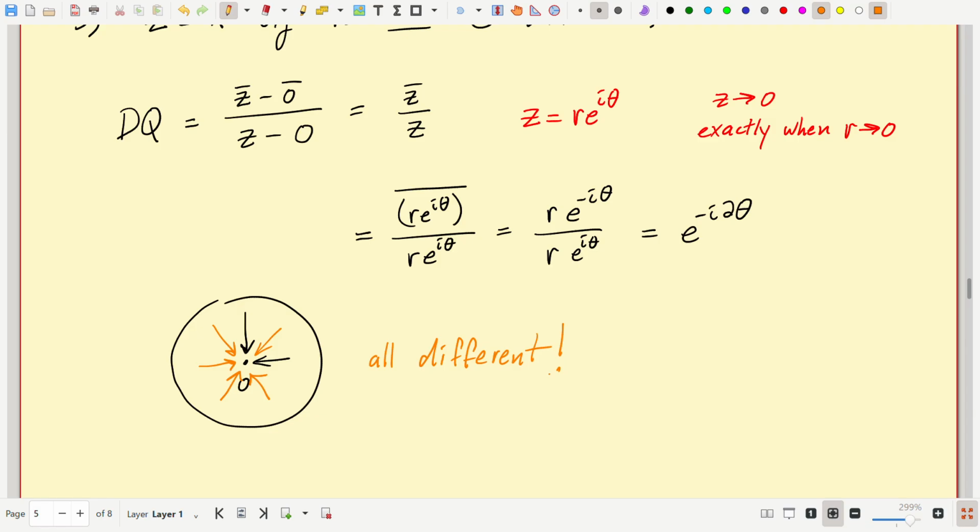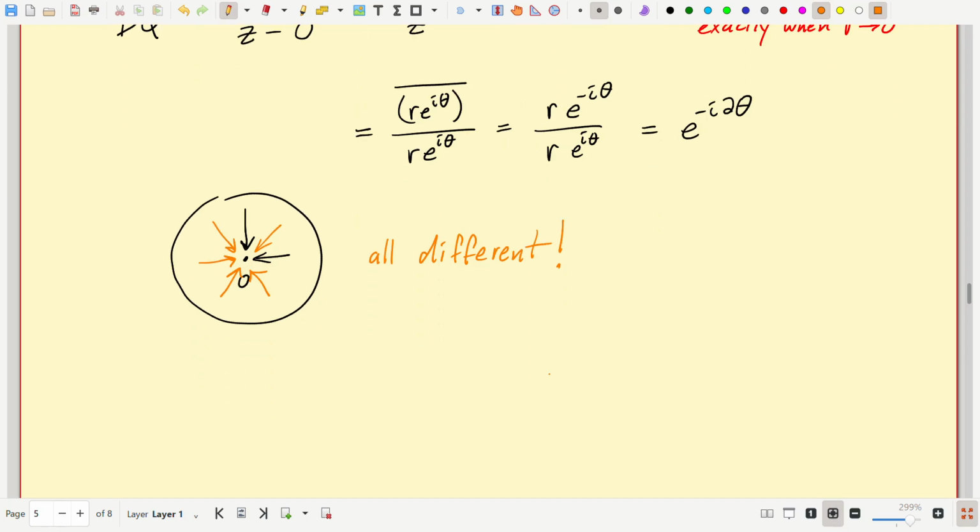It's going to lead to something called the Cauchy-Riemann equations. So soon we'll see the Cauchy-Riemann equations, which are pretty interesting.